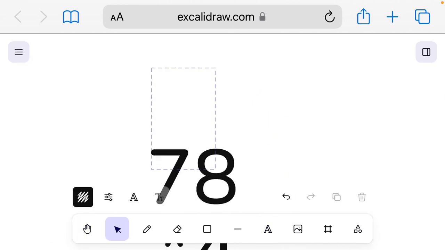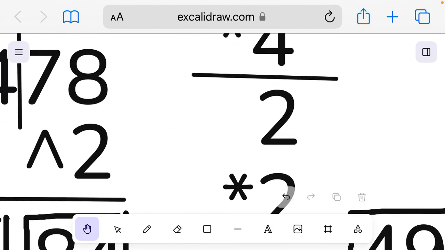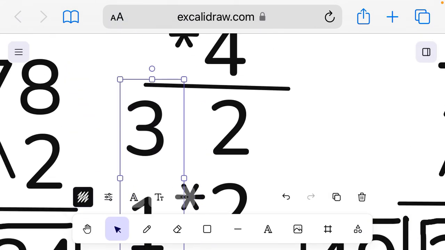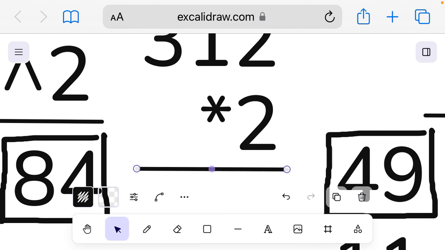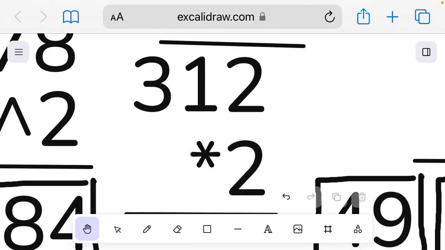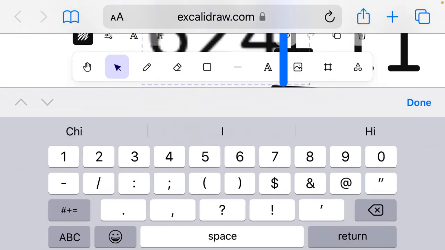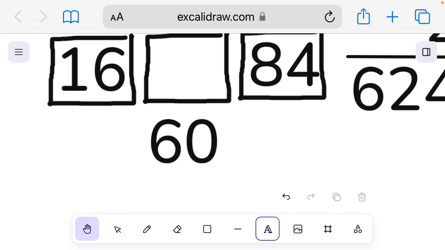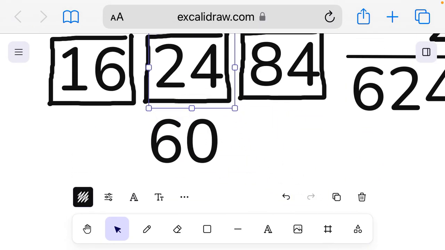Carry the 3. 7 times 4 is 28. Plus 3 is 31. And then you multiply the result by 2. 312 times 2 is 624. So basically, you write the 24 in the middle box, and you carry the 6 under there.